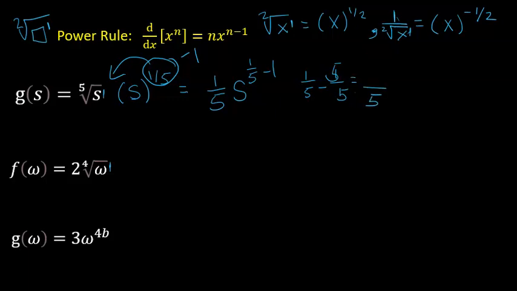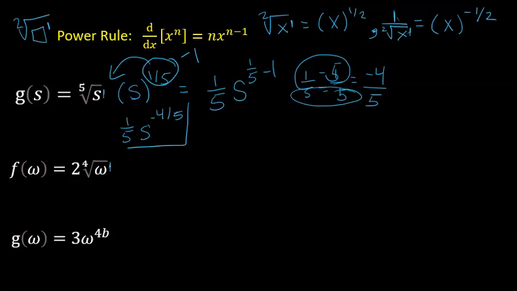I have a 5 in the bottom because I subtracted these together. Now I have to subtract these together. 1 minus 5 gives me negative 4. Great. So now I know that my final answer is 1 over 5 s with the exponent negative 4 over 5. This is the final answer.